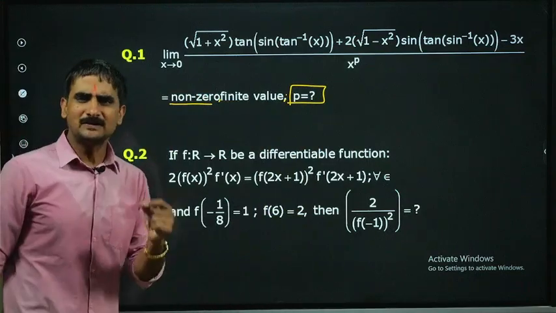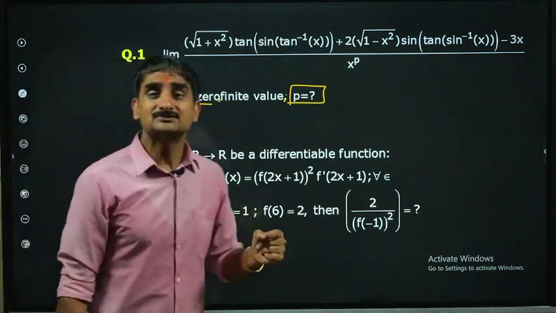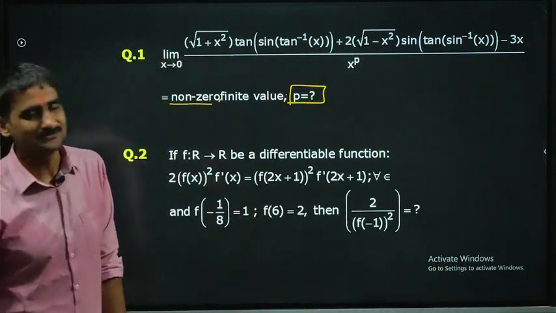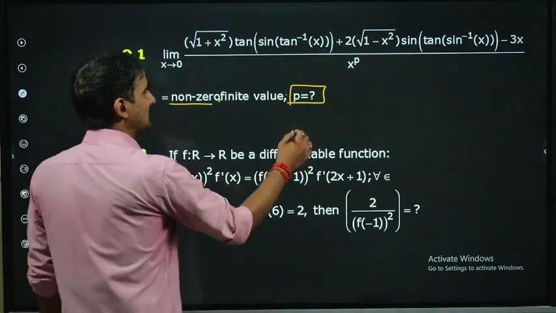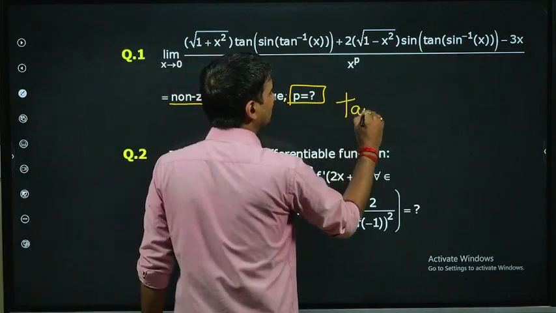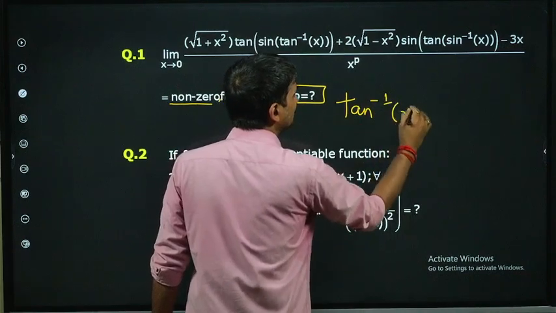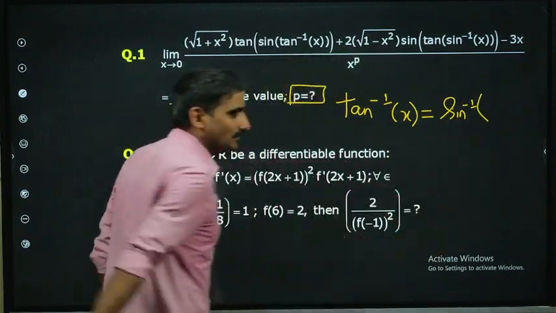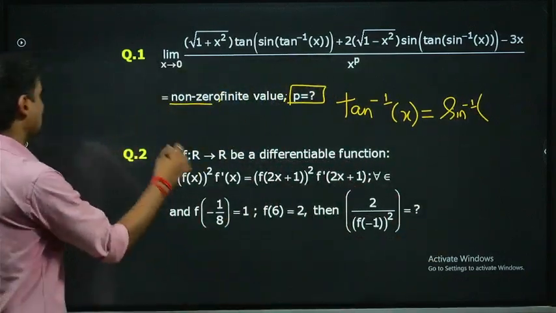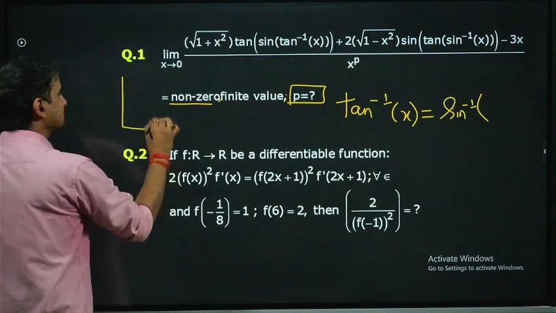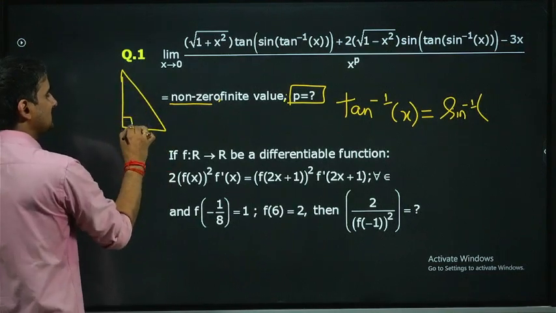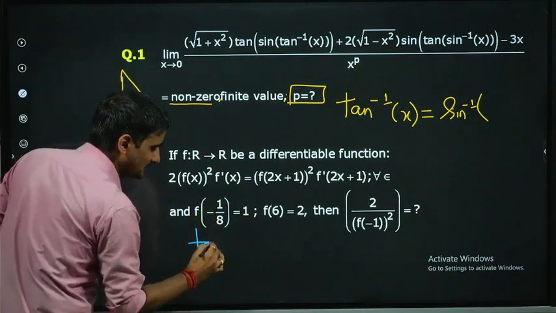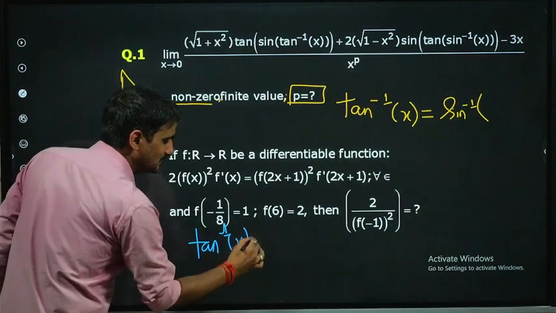See, the first step is to simplify these trigonometric and inverse trigonometric functions. So what can we write for tan inverse of x? If we wish to convert it to sine inverse, what will we get here? How do we do it? I go with what I call the kids method. Let tan inverse x be p.